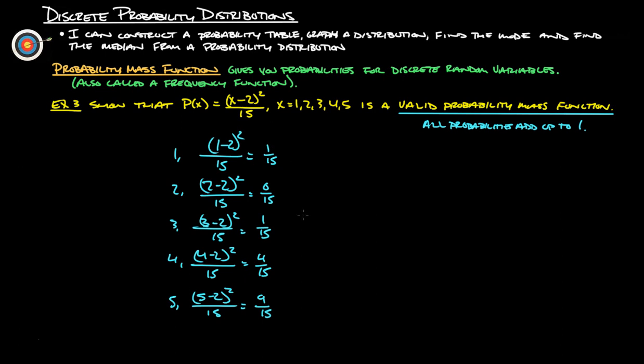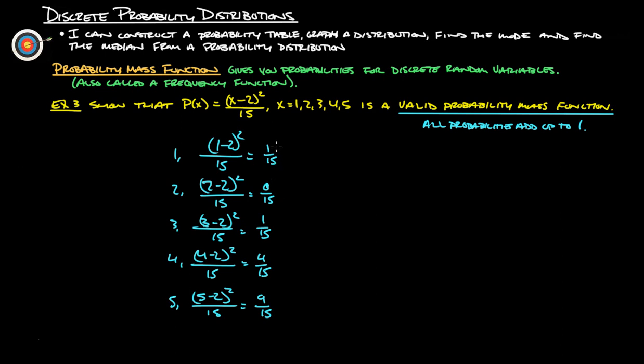So if we add these, first thing we actually got to check is make sure that all these probabilities are between and including 0 to 1. The only one that could be a problem here is this 0 out of 15. It's equal to 0, that's okay. As long as it's not less than 0, then we're okay. It can't be less than 0 or more than 1.